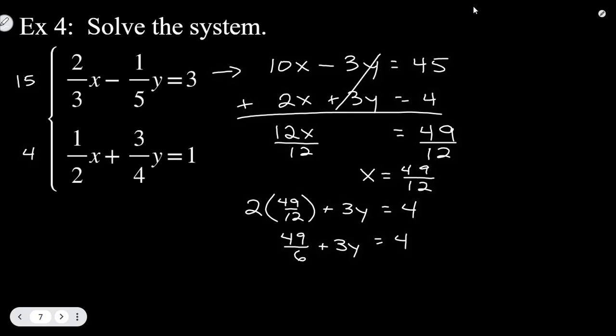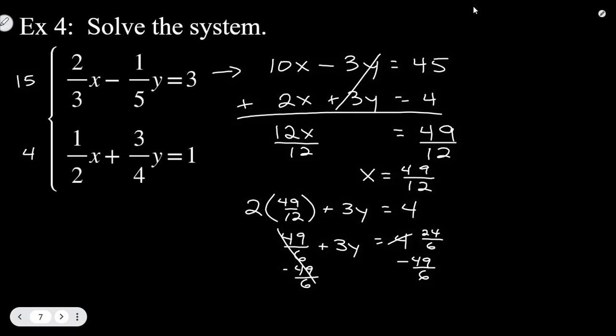And what do we have to do to continue solving for y? Yeah, subtract 49 over 6. Now, in order to subtract those, you can use a calculator, but I don't have one here. So I'm just going to get a common denominator. And 4 is 24 over 6. So that's gone.